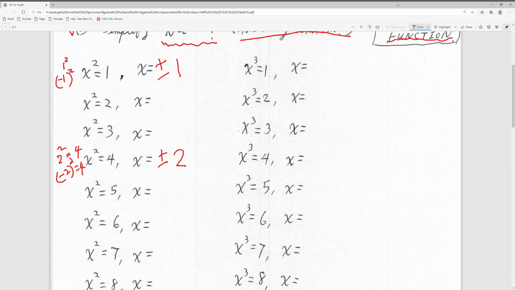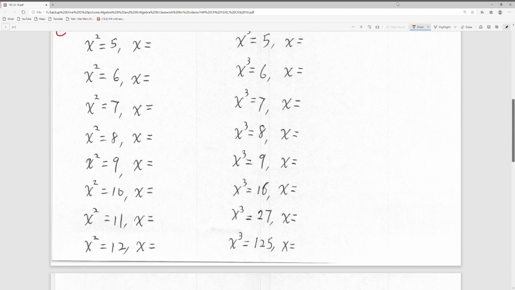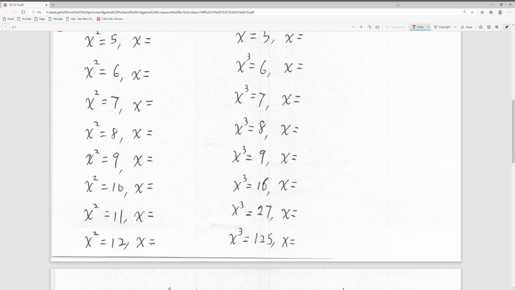You can guess 5, 6, 7. If you use a calculator, it may give you some decimal answer, and it will only give you one answer. And how come we need to have positive and negative?